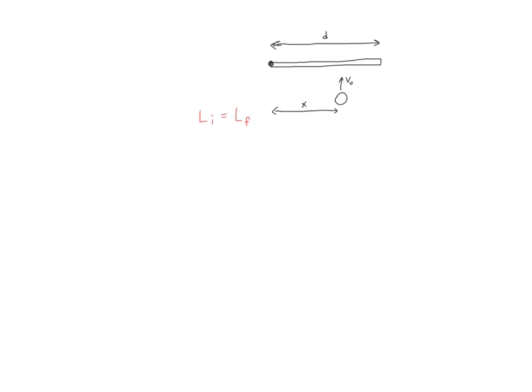So we're going to set this one up very similarly in that the initial angular momentum will just be the angular momentum of this object, which is the linear momentum that we have to put in angular form. So that is the formula mvr, which I'll just write up here, mvr.